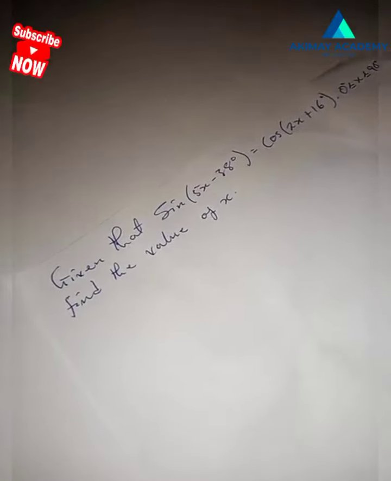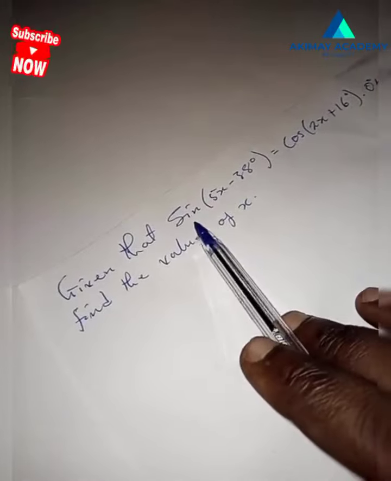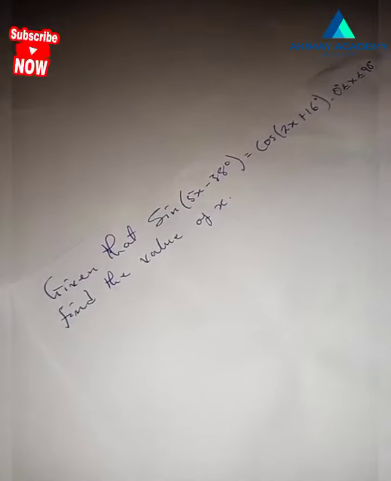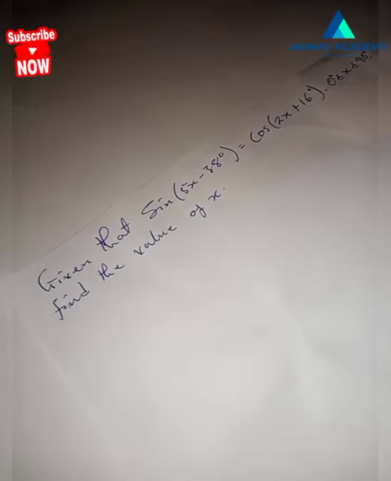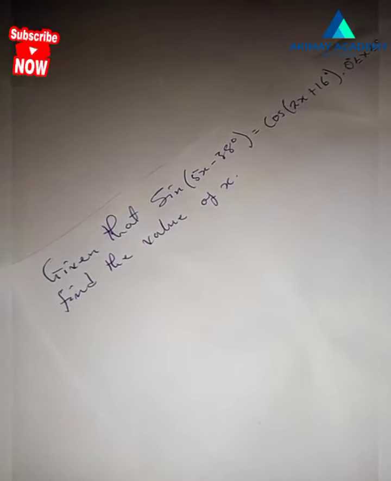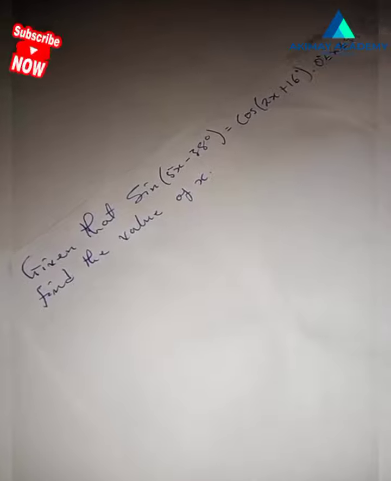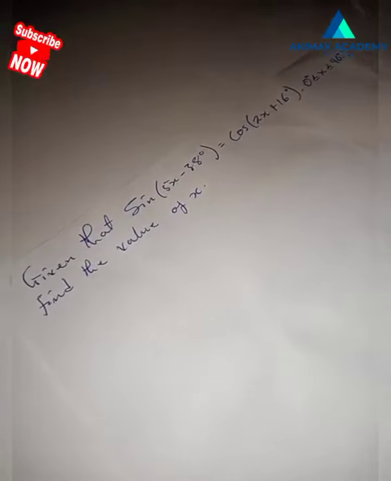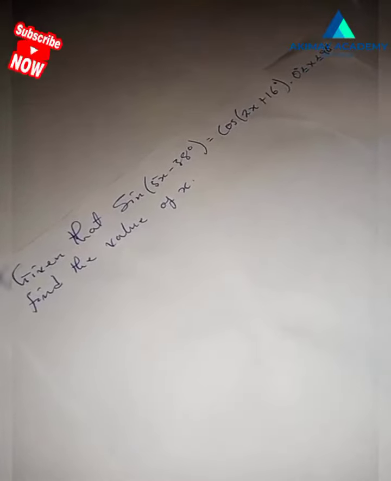Now what we have to note over here is that these two ratios, sine and cos, are complementary. When we say complementary, meaning they sum up to 90 degrees. That's why sine 30 degrees is always equal to cos 60 degrees, because 30 degrees plus 60 degrees gives us 90.